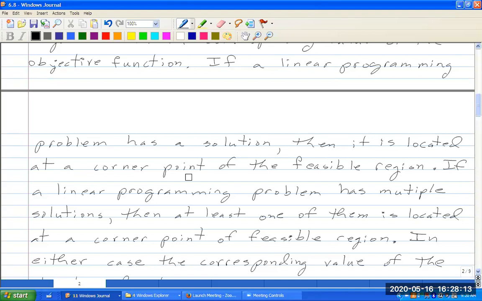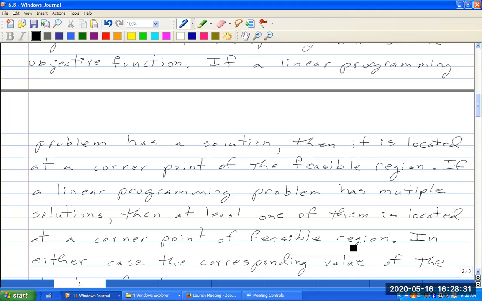It's just some sort of linear polytope. If a linear programming problem has multiple solutions, then at least one of them is located at a corner point of the feasibility region, at one of these vertices.